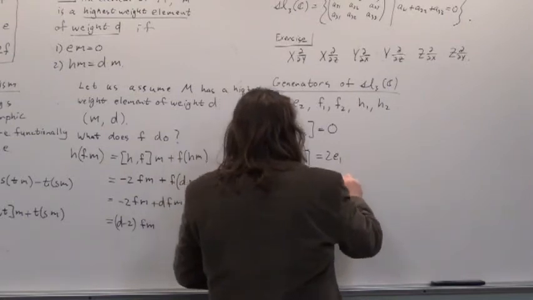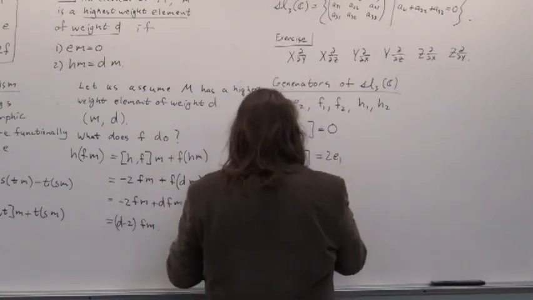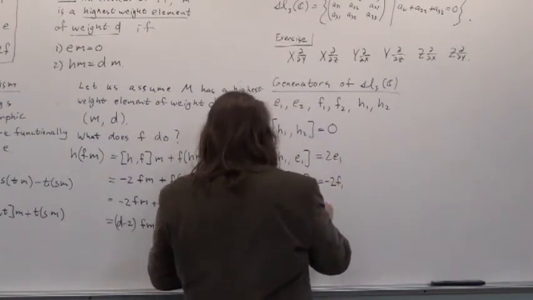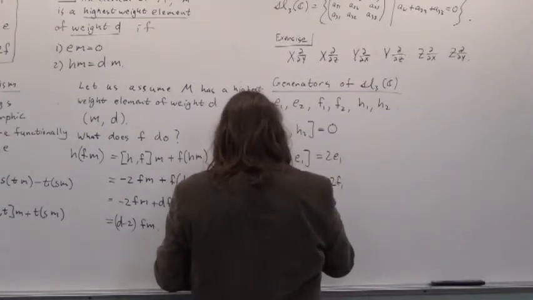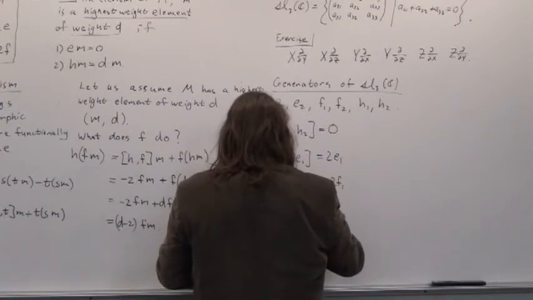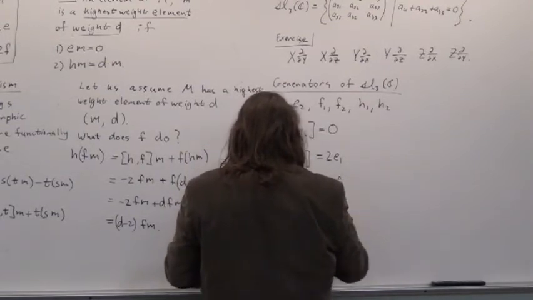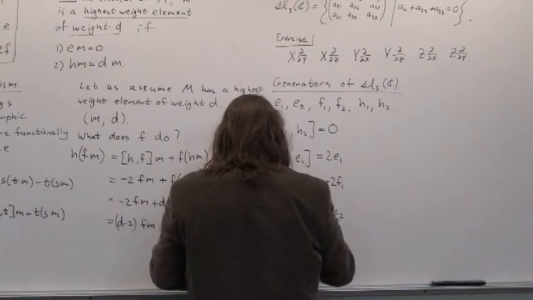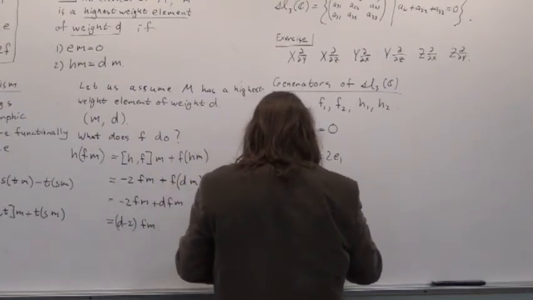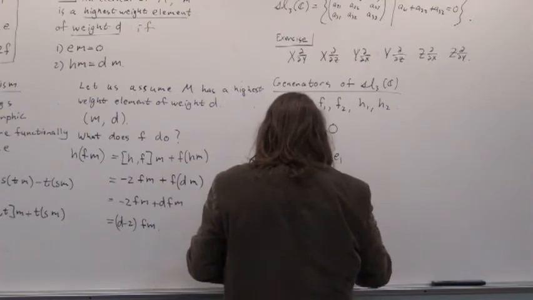H1 on F1 is minus 2 F1. And then we have H2 on E2 is 2 E2. H2 on F2 is minus 2 F2.